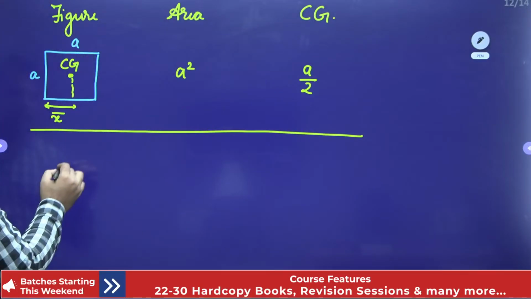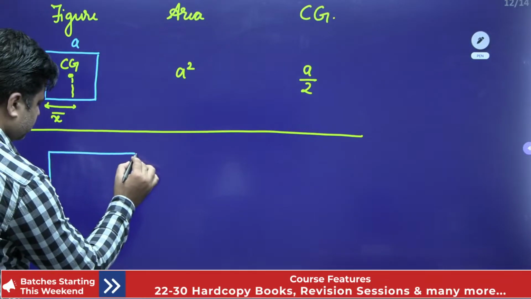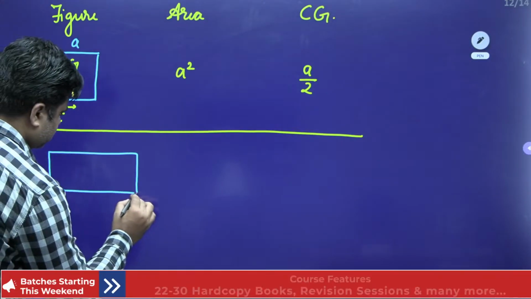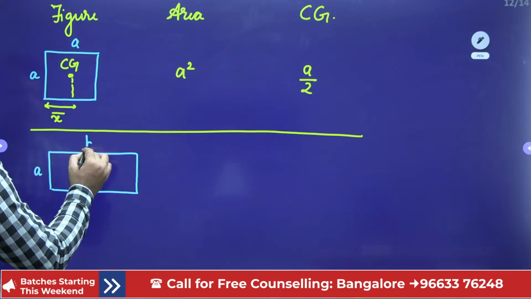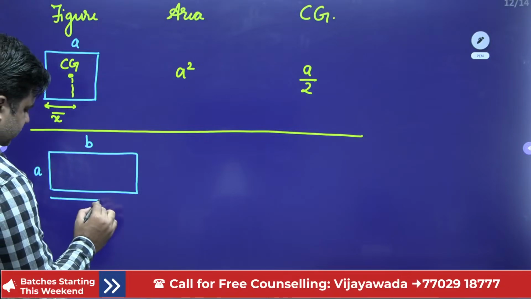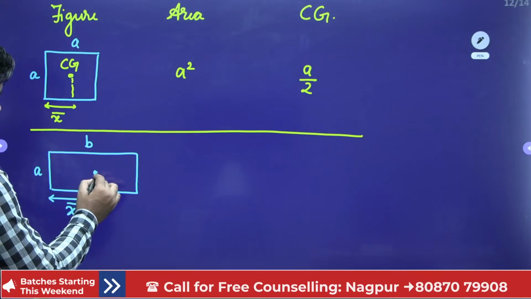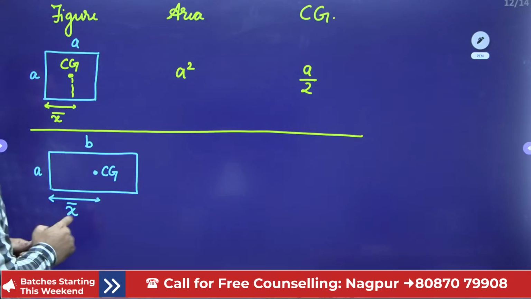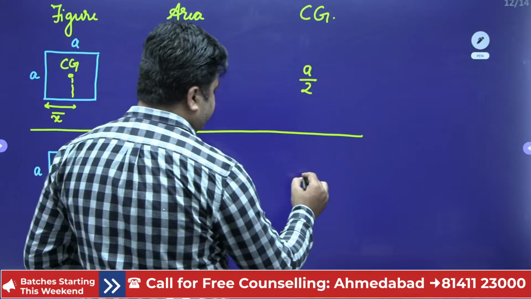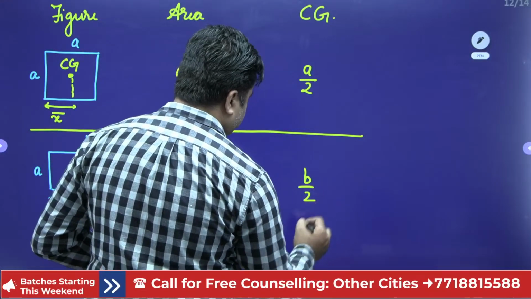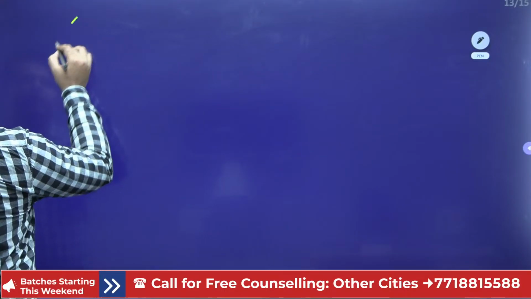Moving on, next one is the rectangle. This side is A, this side is B, and this is the position of CG, X bar. Area is AB and CG is B by 2. Next one is your triangle.